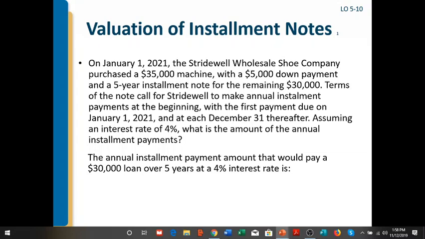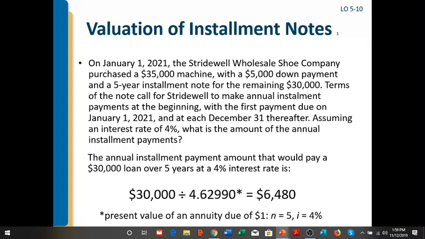The note calls for an annual installment payment at the beginning, with each payment due on January 1, 2021, and at each December 31 thereafter, assuming an interest rate of 4%. What is the amount of the annual installment payments?